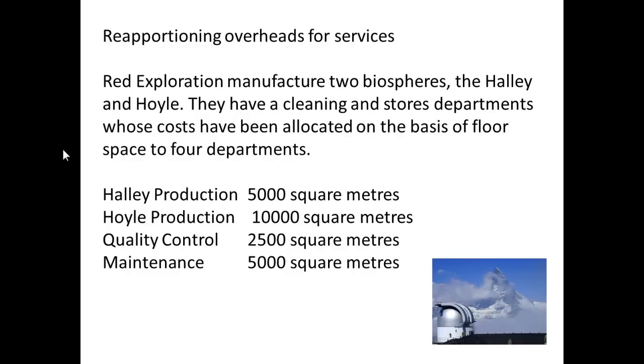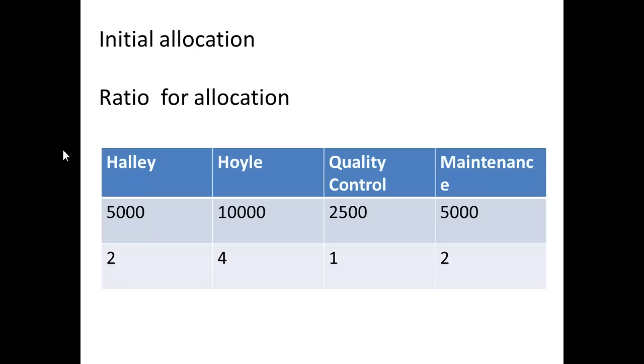And the areas in square meters are shown: Halley 5,000, Hoyle 10,000, quality control 2,500, maintenance 5,000. So the ratio for the allocation will be 5,000 to 10,000 to 2,500 to 5,000, which is 2 to 4 to 1 to 2.